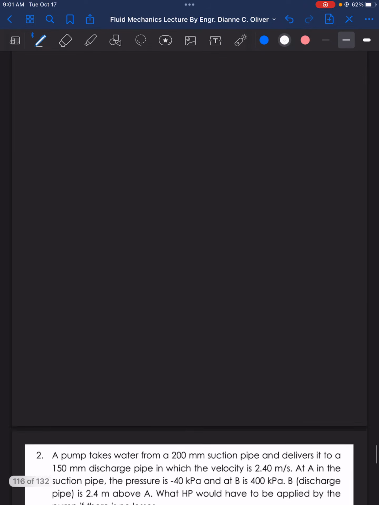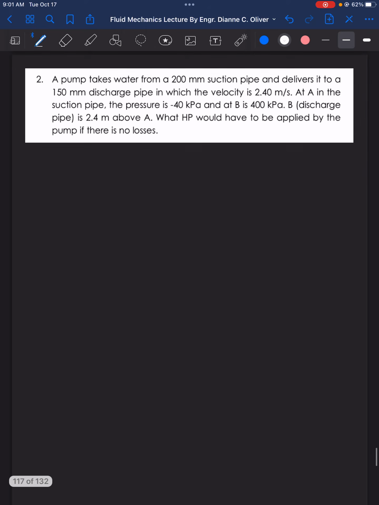Let's go to sample problem number 2. A pump takes water from a 200 millimeter suction pipe and delivers it to a 150 millimeter discharge pipe in which the velocity is 2.40 meters per second.